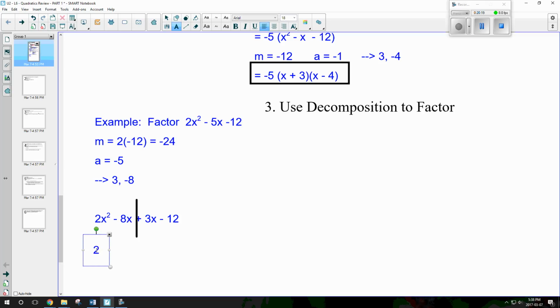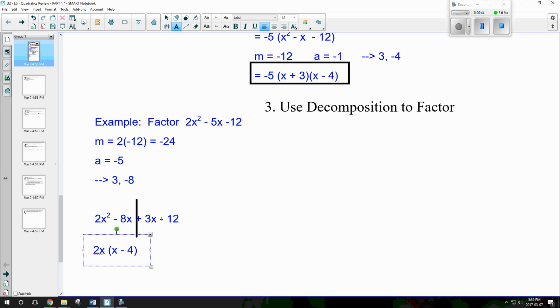The biggest number we can factor out is a 2, and because they both have an x, we can also factor out an x. Then remember, we put our bracket and we take these first two terms and we divide out our common factors. So we do 2x squared divided by 2x, which leaves us with just an x, and negative 8x divided by 2x leaves us with a negative 4.